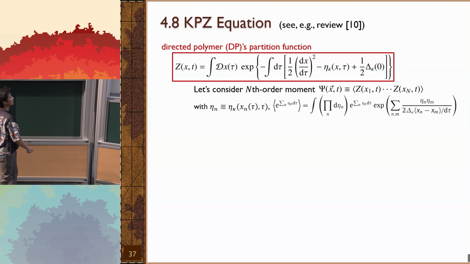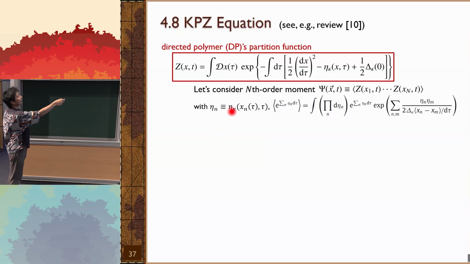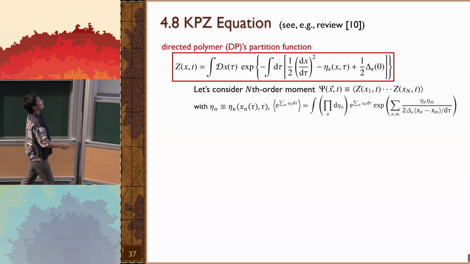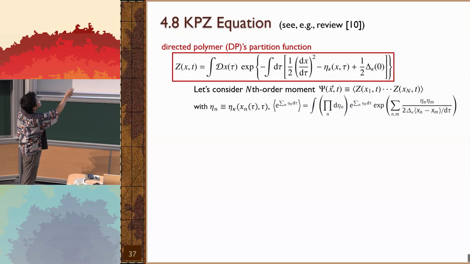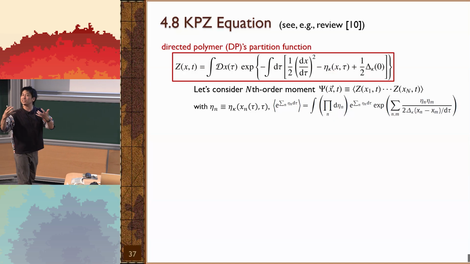Let me denote eta kappa at xn by eta n. And then we are going to evaluate something like, so we have a product of this Z, right? So we have many products of this exponential. And eta is Gaussian distributed. So it's again an exponential, right?